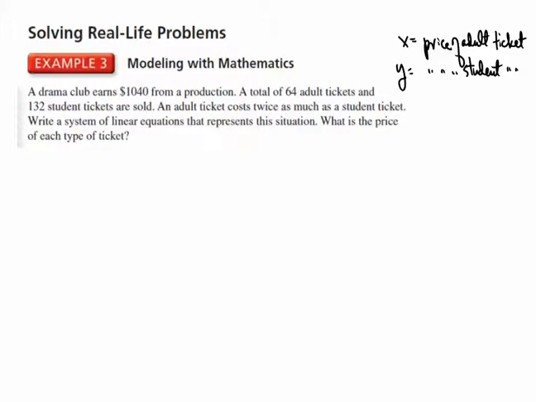Now, the first thing we know is this. We know that in terms of the money made, 64 adult tickets were sold.